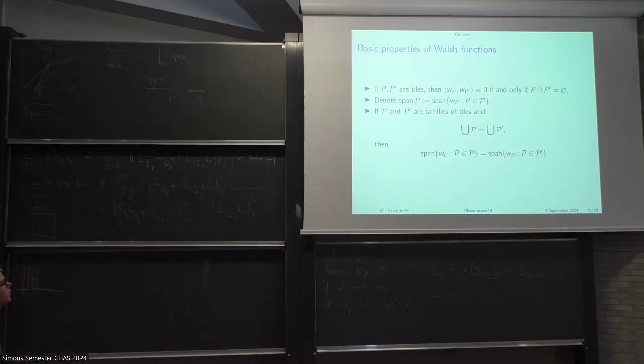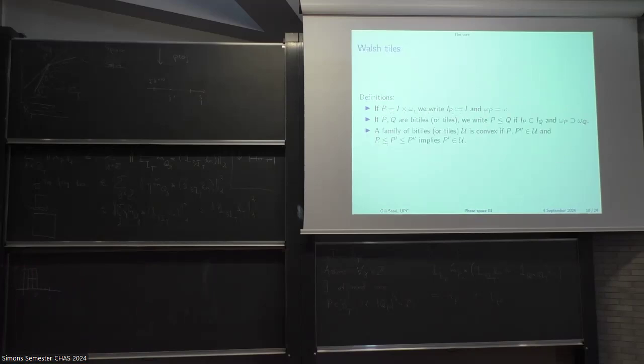Okay, then we denote the span of the set of Walsh functions by the span of the tiles, just to simplify the notation. And then there is a fact that if we have families which cover exactly the same region, then the corresponding function spaces, the subspaces of L2, are equal.